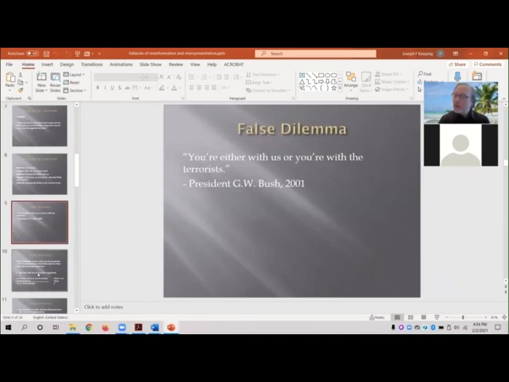All right, so the next one that we will look at is the next one on the slide, which is called false dilemma. The example is a famous quote from former President George W. Bush, and this was after the 9/11 attack and the whole war on terror thing started.